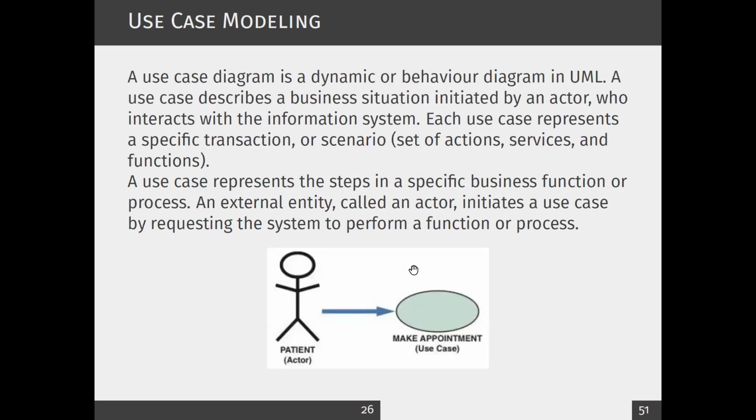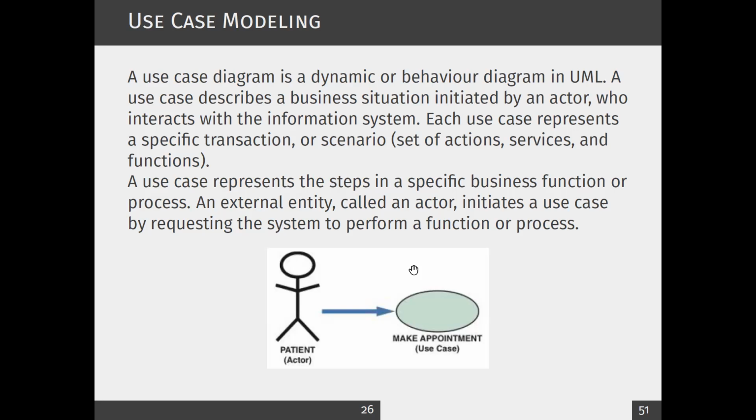And what we did at the end last time, we talked about use case modeling. Use case modeling is usually used to identify the behavioral or dynamic diagram, and we can represent some business situation. Usually you will have an actor and a use case. In this example, you can see the actor is the patient and the use case is make appointment.